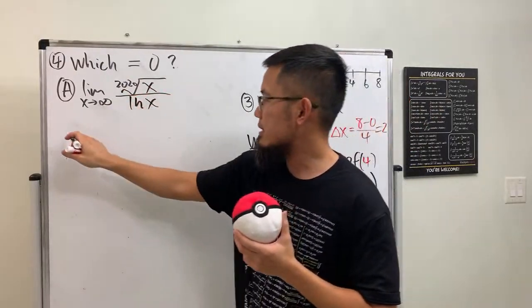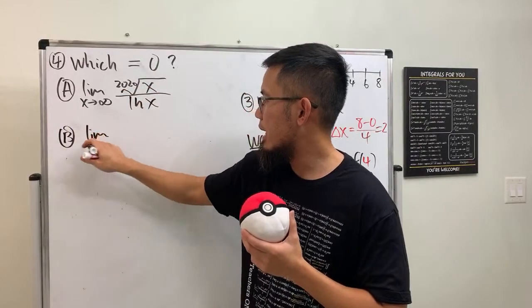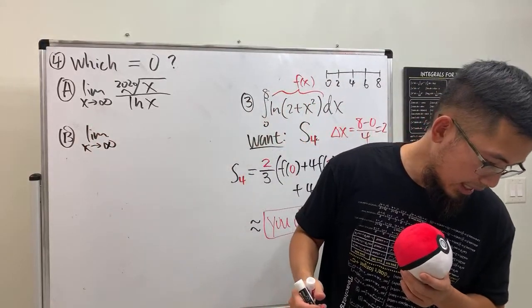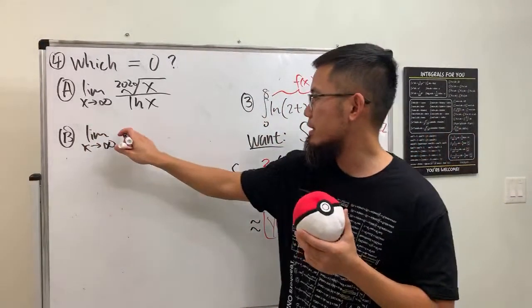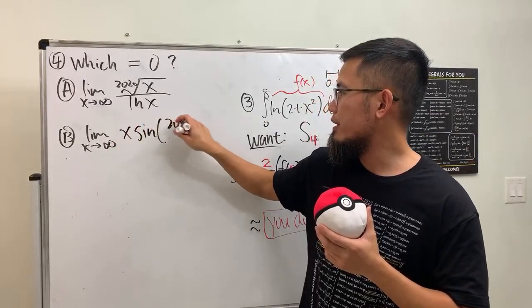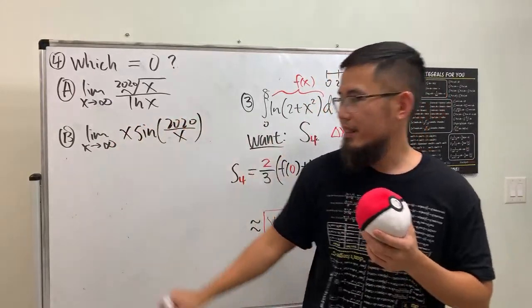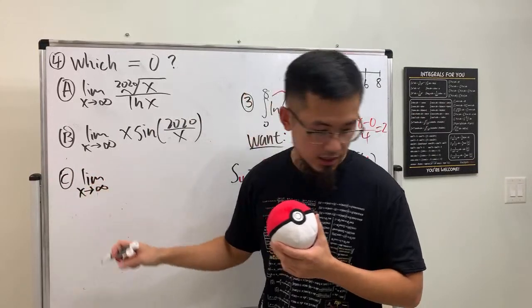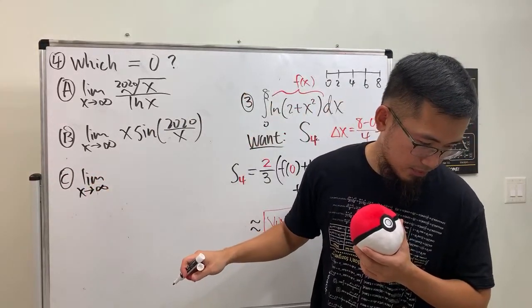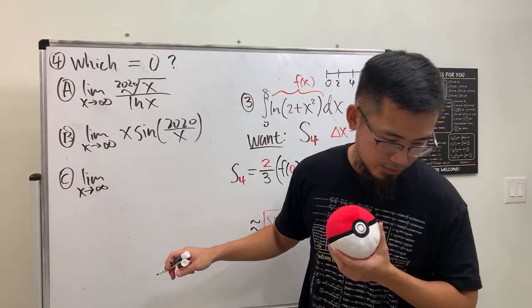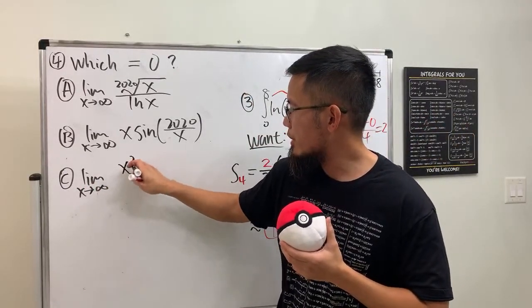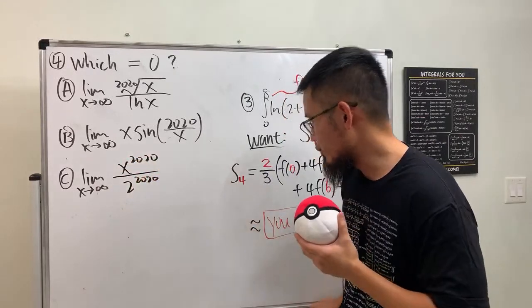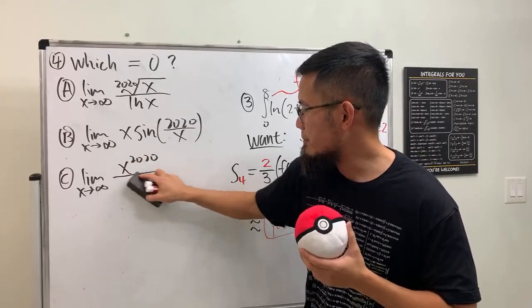Okay. Next, we have B. Here we have the limit as x goes to infinity. And you can expect we are going to be using 20/20 again. And here I have x times sine of 20/20 over x. Next, C. Here is the limit as x goes to infinity, and we have x to the 20/20 over 2 to the x power.